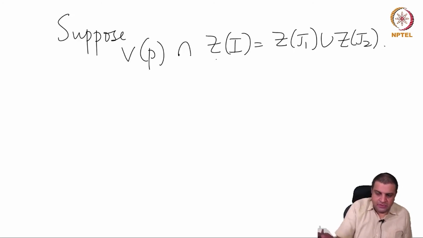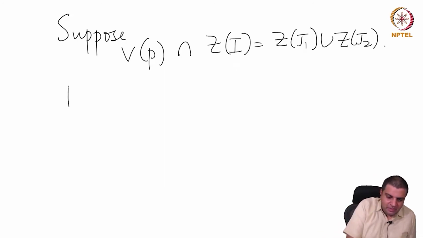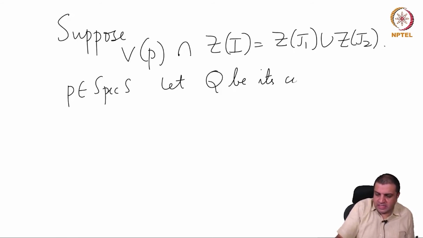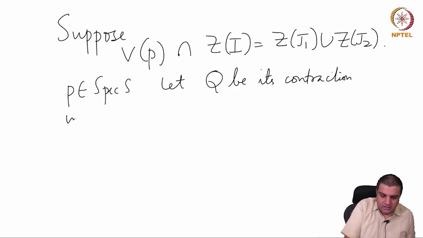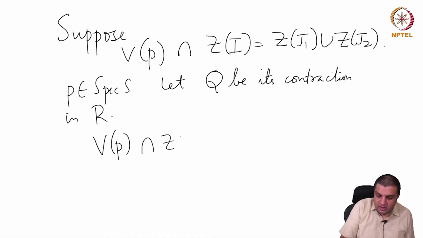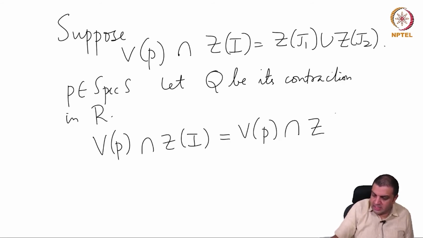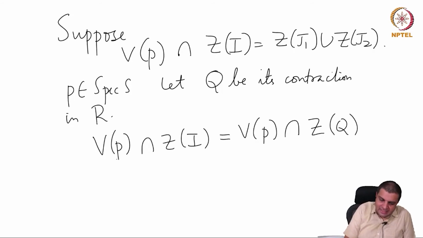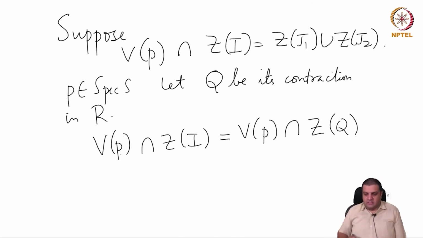It intersects Z of I, which is the maximal spectrum of S. We can just take Z of P itself, or technically P is in Spec S. Let Q be its contraction in R, that's also a prime ideal, and notice that V of P intersect Z of I. Here Q is an ideal of S, so Q contains I. So this is the same thing as V of P intersect Z of Q itself, any maximal ideal containing I, and here because of this condition, containing P will just contain Q. So this will be the statement.